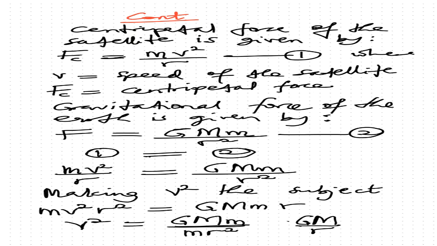I left this out, and you didn't prompt me. This is r, yeah. Okay, so now you get this. Let's call this equation 3. You get it up to this point. We are trying to make v squared the subject. So let me continue on the next page.